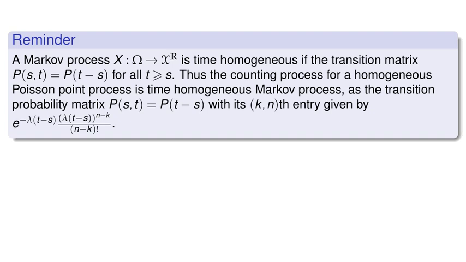Thus, the counting process for a homogeneous Poisson point process is a time homogeneous Markov process. In this case, the (k, n)th entry of the transition probability P_st becomes e to the power minus λ(t minus s) times (λ(t minus s)) raised to the n minus k over (n minus k) factorial.